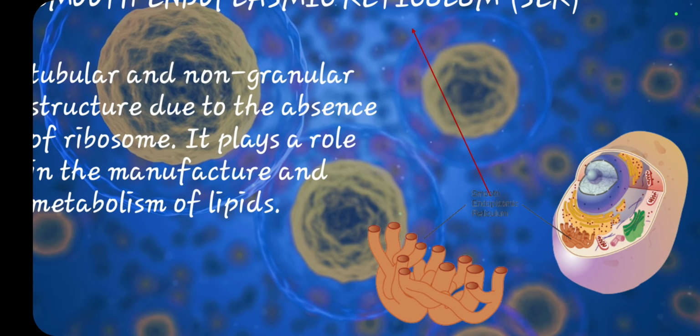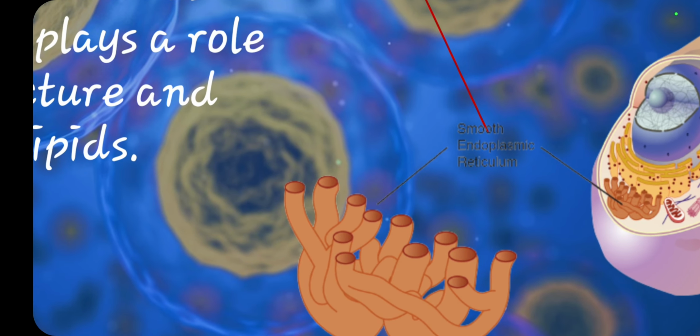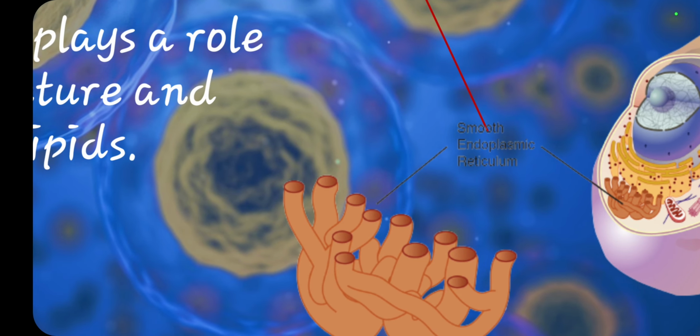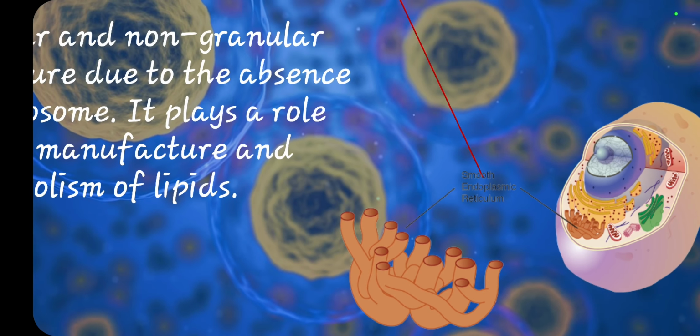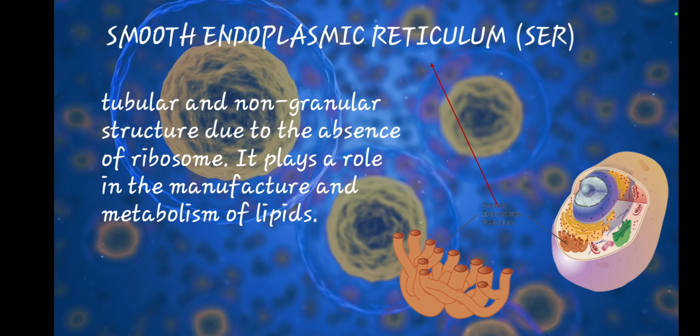As you can see here in that arrow, that is the location of the smooth endoplasmic reticulum, because it helps to manufacture the metabolism of the lipids. That's why I'm saying that the main function of the smooth endoplasmic reticulum is in metabolic processes, particularly synthesizing the lipids, phospholipids, as in plasma membrane.